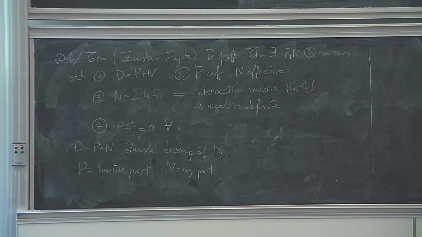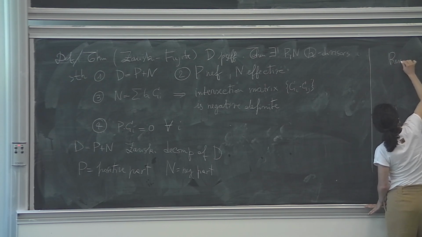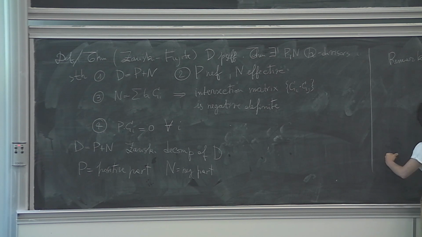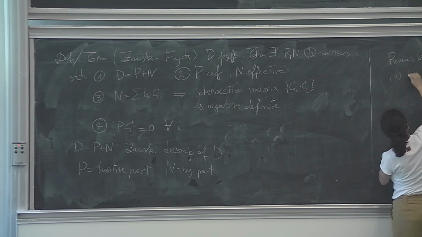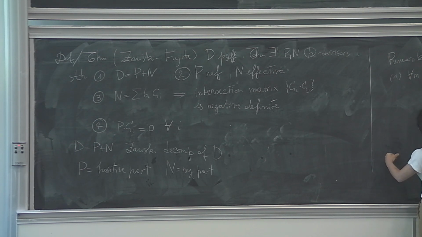Okay, maybe some properties or remarks. So the first one is that whenever mP has integral coefficients, the sections of all the multiples of D are the same as the global sections of all the multiples of P. So P captures all the sections.